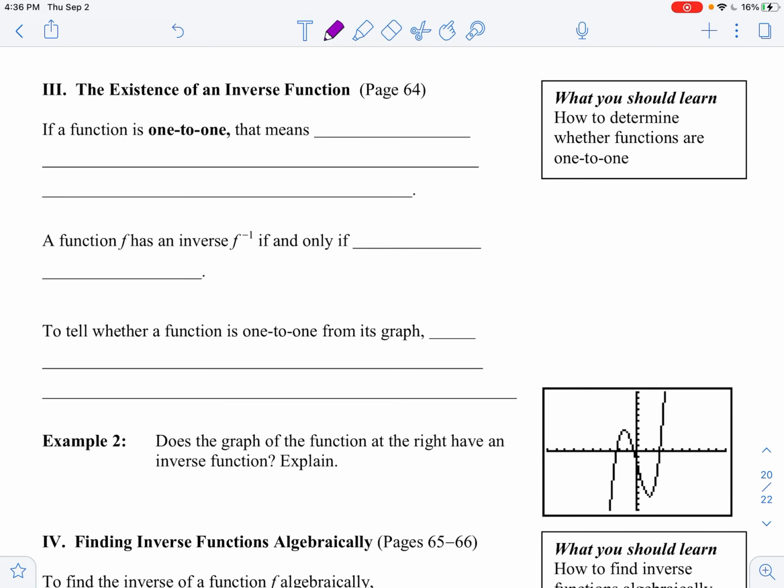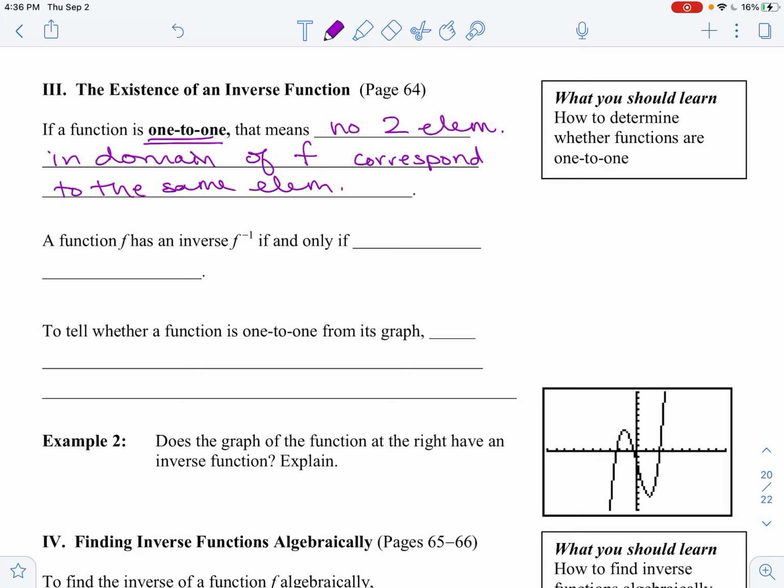Okay, let's talk about the existence of an inverse function. If the function is one-to-one, that means that no two elements in the domain of the function correspond to the same element in the range.